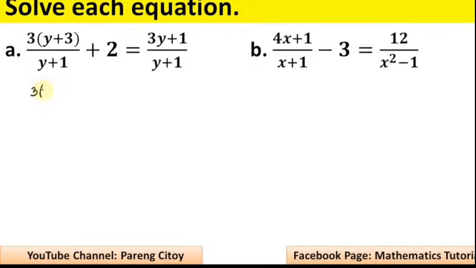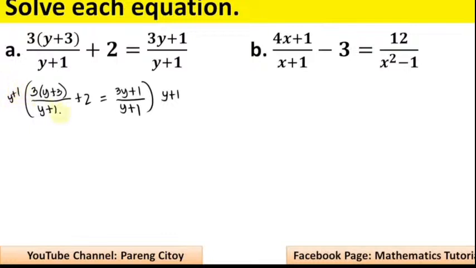So to find the LCD, kung ano yung value ng denominator, that is your LCD. So our denominator is y plus 1.